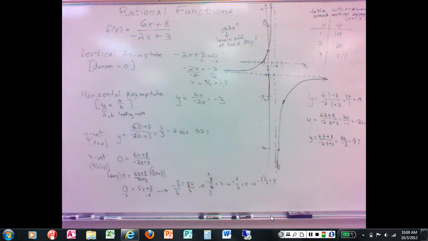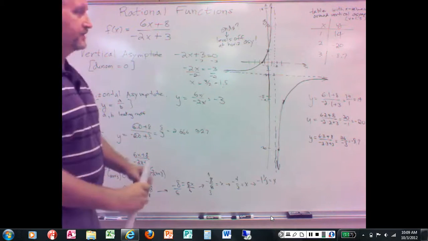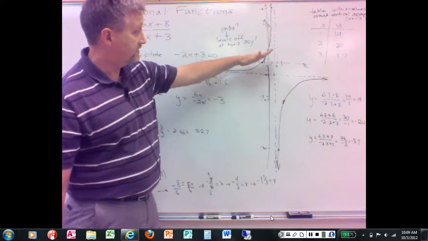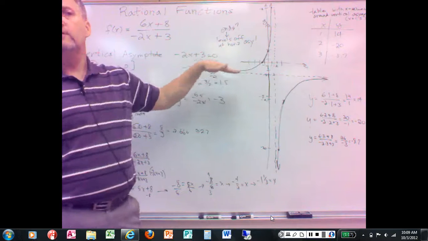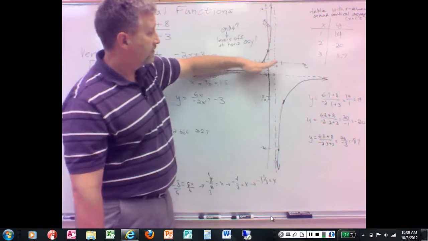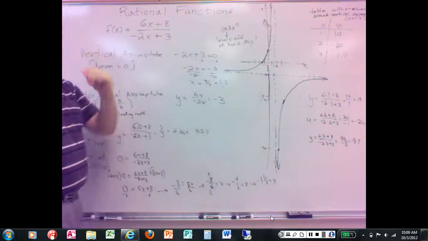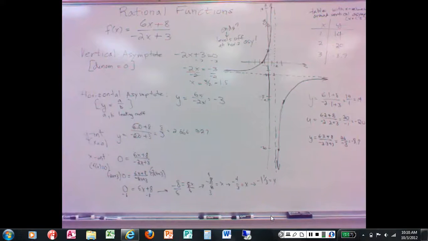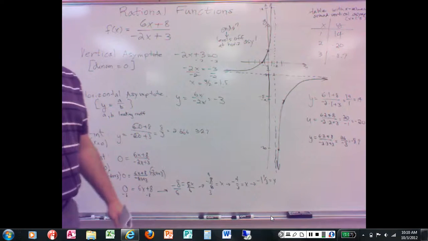Sometimes it can cross the horizontal asymptote, but usually not. But it just kind of levels off there. I mean, it gets real close, like it does here. It gets real close to that, but it just kind of levels off on this side. Okay? That's how these rational functions like this operate. All right. Let's do another one.